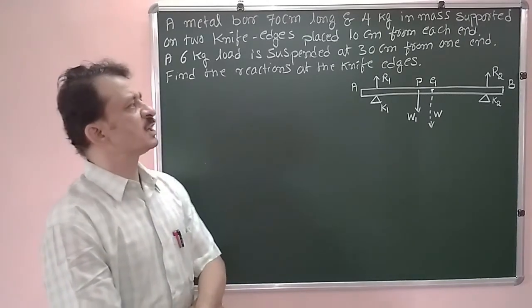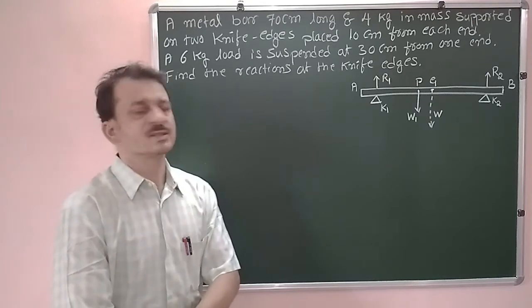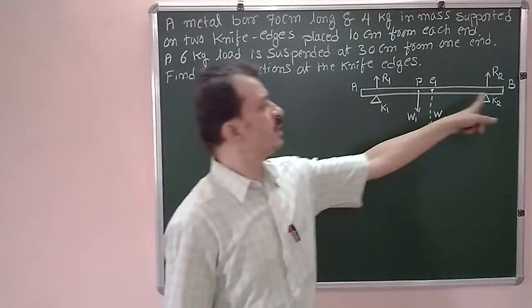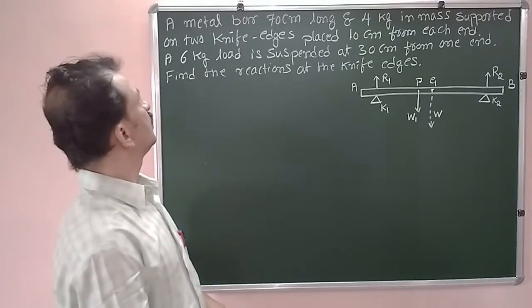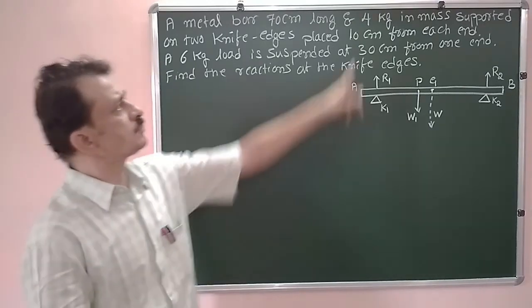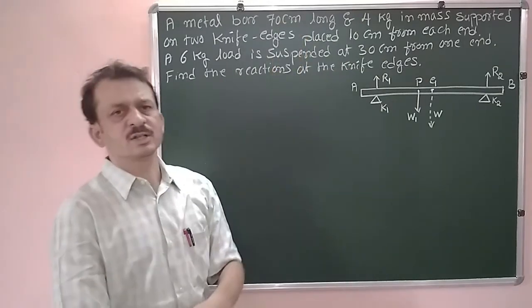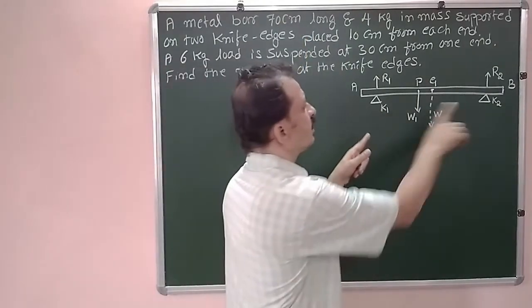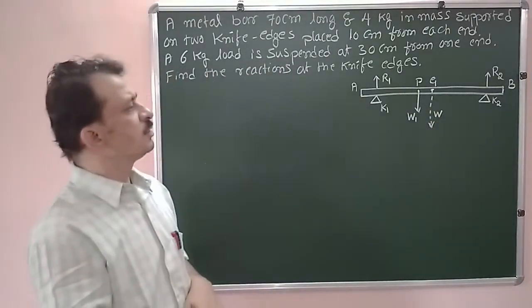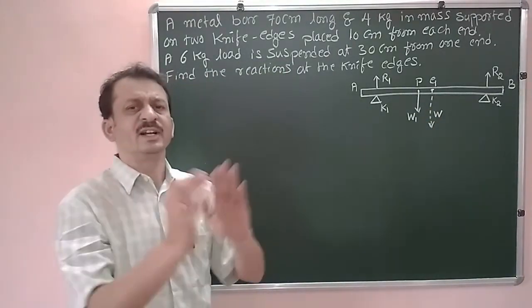Find the reactions at the knife edges. Now here AB is a bar whose mass is 4 kg. The length of the bar is 70 centimeter. And two knife edges K1 and K2 are supported 10 centimeter from its ends.